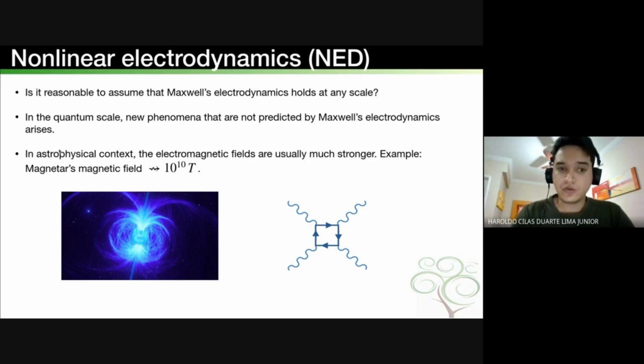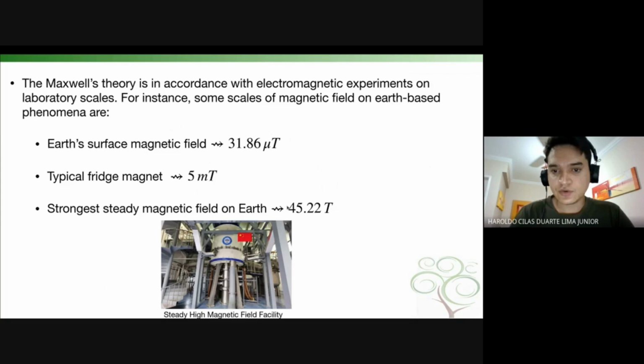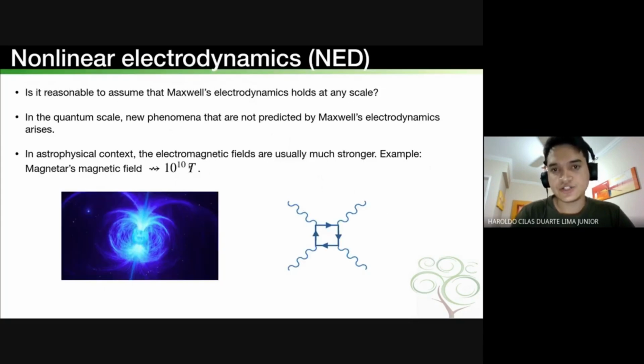Moreover, in astrophysical contexts, the electromagnetic fields are usually much stronger than the ones that I have shown in the previous slide. For instance, for these magnetars, the magnetic fields are around 10 to the 10 Tesla. Compare to the previous slide, where the strongest magnetic field is around 45 Tesla, and these here can achieve 10 to the 10. So the scales are very different.